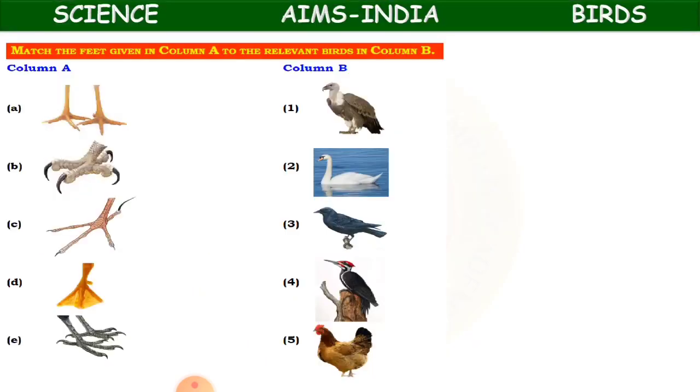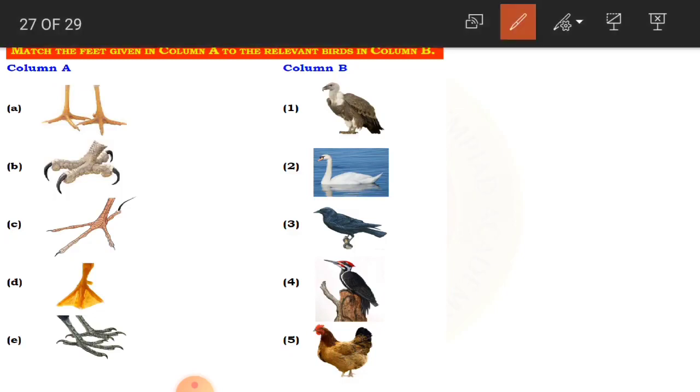Clear, children? Now, here we have to match column A and column B. See here, there are some feet and claws of birds in column A, and here are the birds. So we have to identify to which bird this foot belongs. Okay, we'll start doing this. Now A, see here, they are very thin legs, and 3 fingers are in the front and one is a little above the leg.